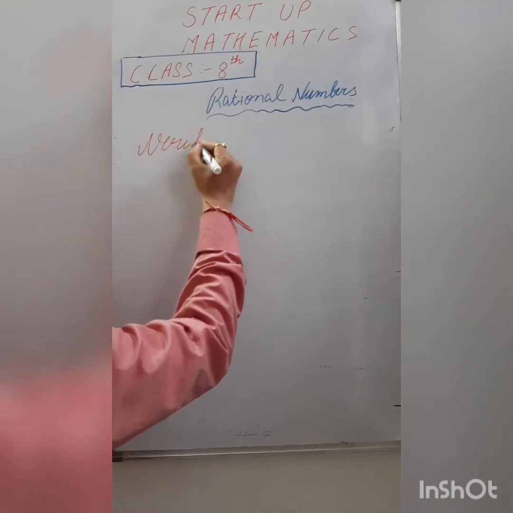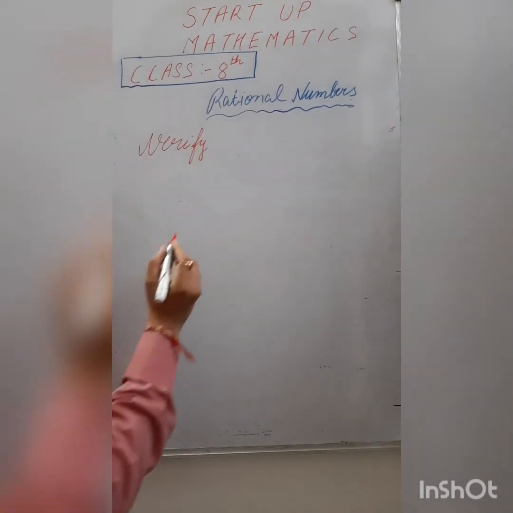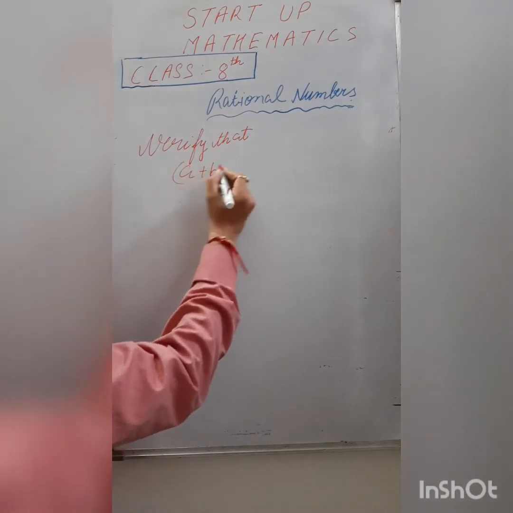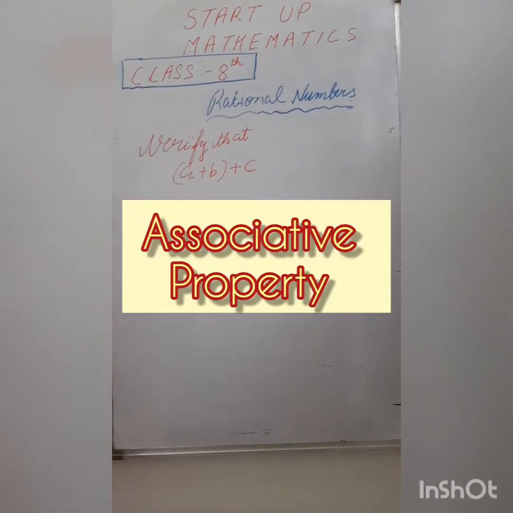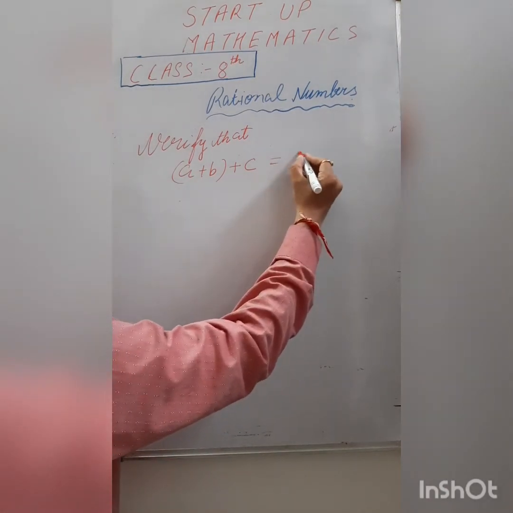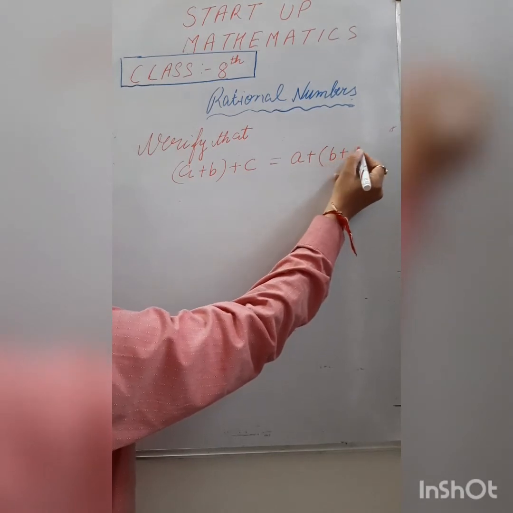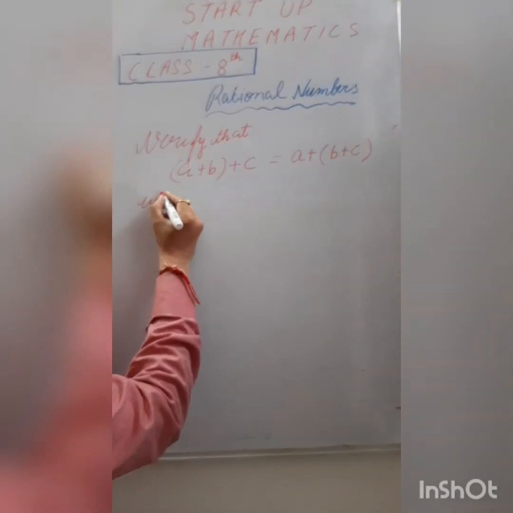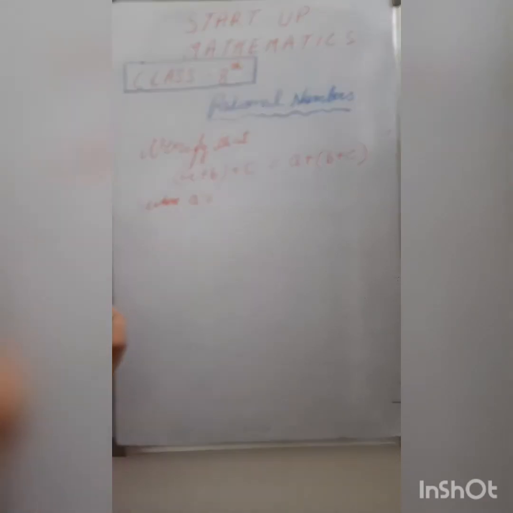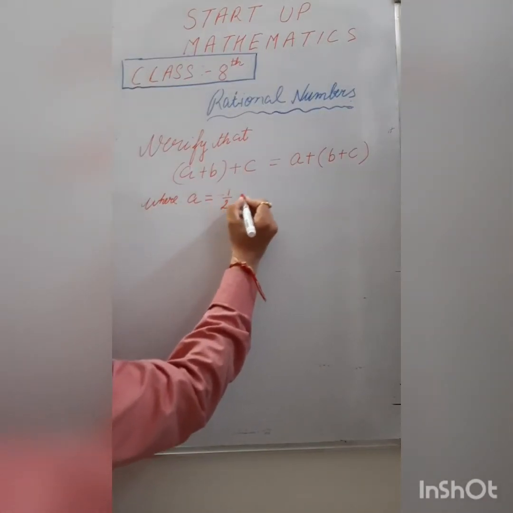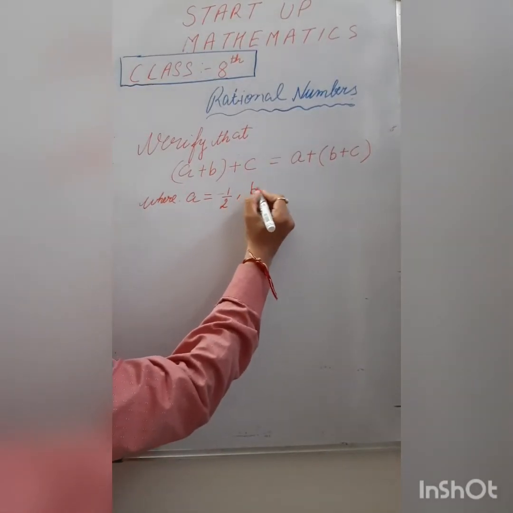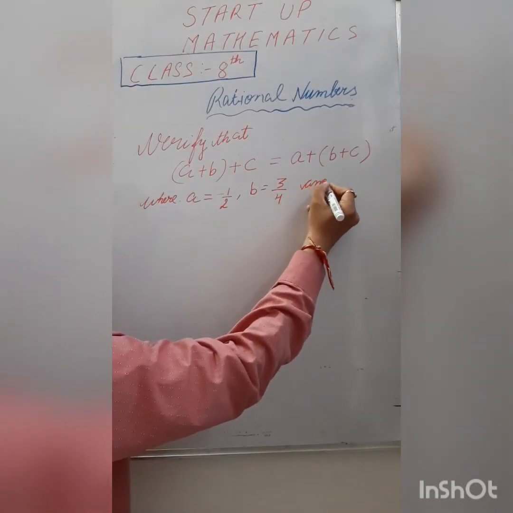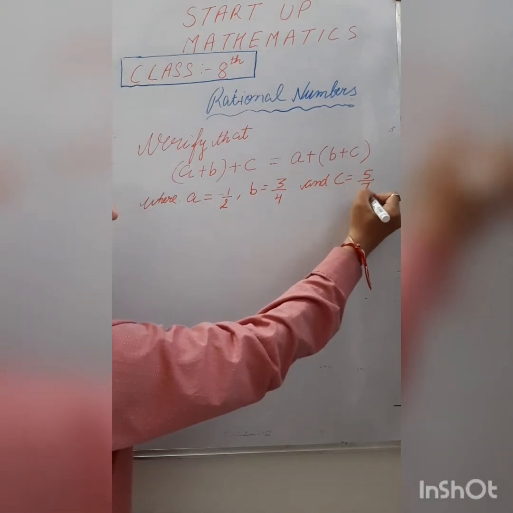Verify that A plus B, the addition of two rational numbers, again added to the third rational number, is equal to A plus B plus C, where A is equal to minus 1 upon 2, B is equal to 3 upon 4, and C is equal to 5 upon 7.